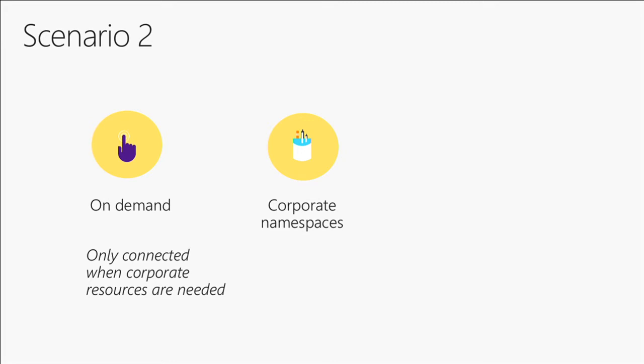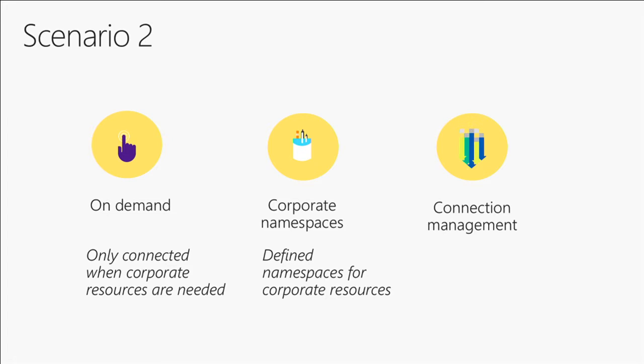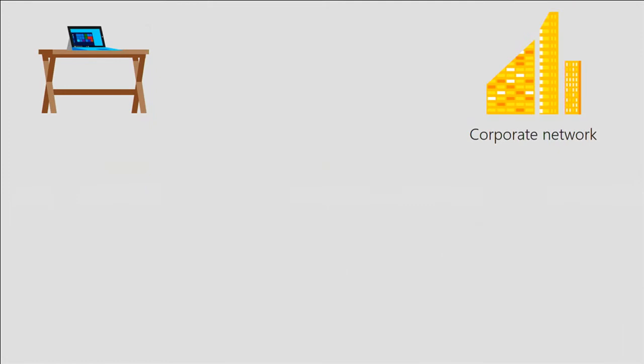So if you can do that with a set of corporate namespaces, then on-demand would be a good option for you. It also improves connection management because you're reducing the number of concurrent connections going to your server because it's not always connected anymore. So not every single one of your users is connected to VPN. So let's look at the actual configuration.